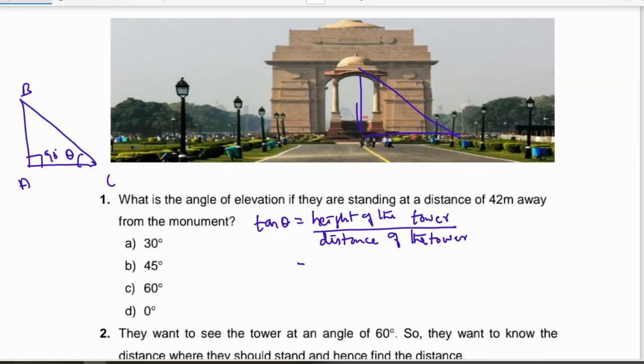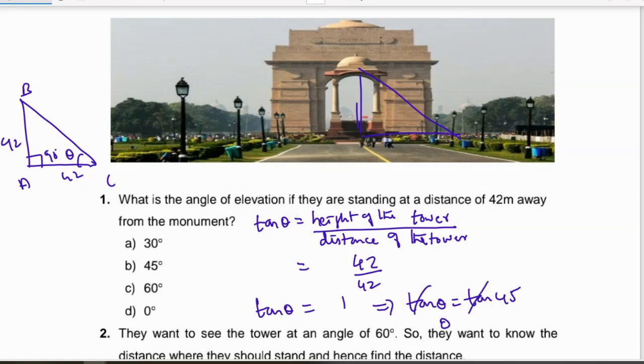The height is given as 42, and the distance is also 42. So 42 divided by 42 is nothing but 1. Tan theta is 1 means tan theta is tan 45, so tan and tan cancel. Theta will be 45 degrees. So the angle of elevation will be 45 degrees.